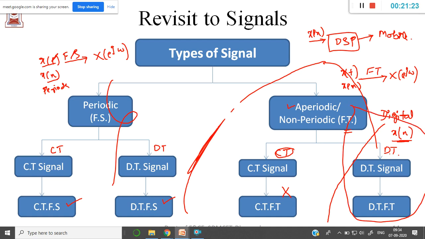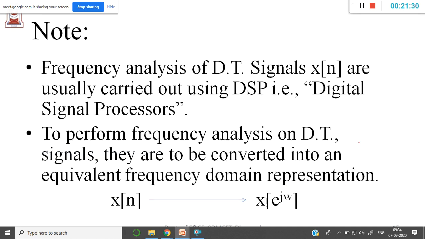So our next intention is to go for DTFT signals. To perform a frequency analysis of a discrete time signal, it has to be converted into an equivalent frequency domain representation.